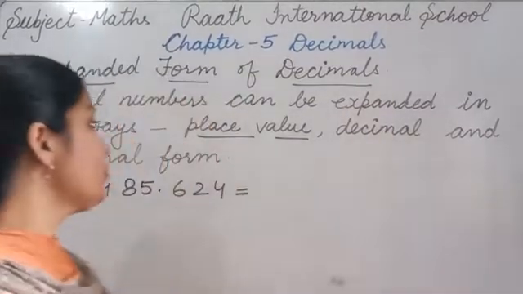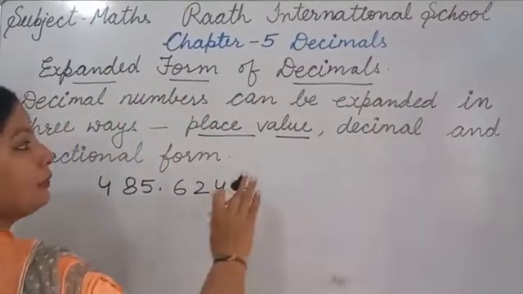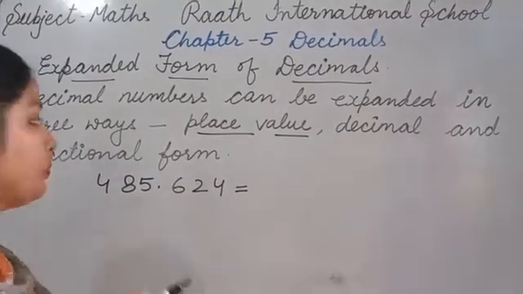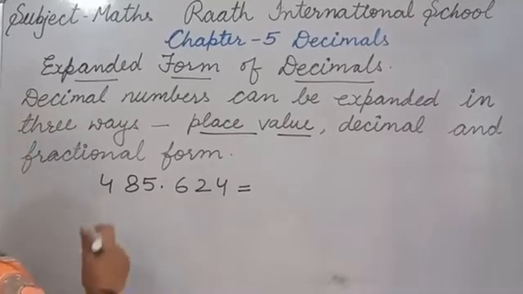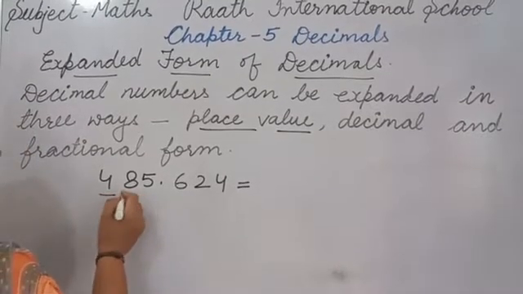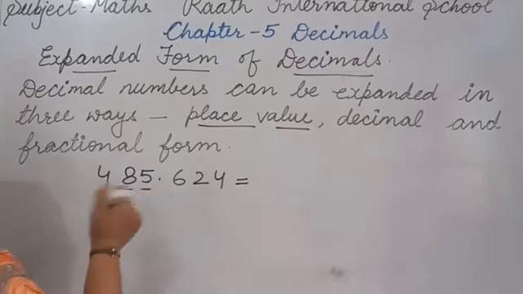Okay. So first of all we should write expanded form in words. So there is 485. So 4 is what? 100s. 8 is tens. 5 is ones.